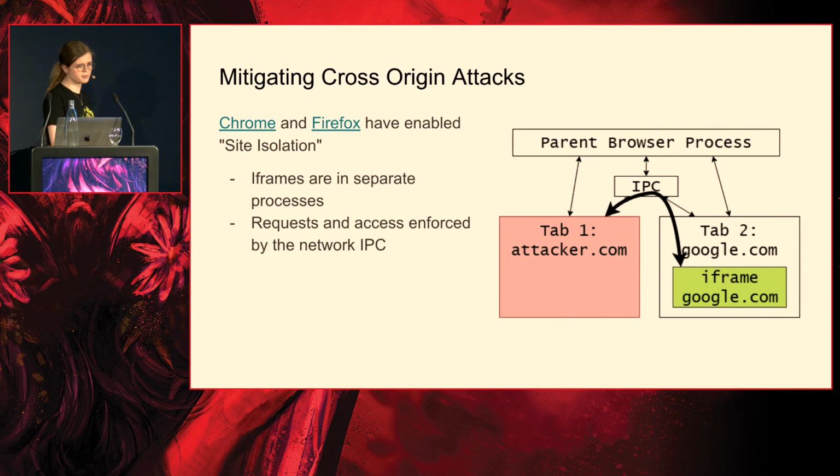So both Chrome and I believe Firefox, in one of the most recent major updates, or maybe it's on nightly right now, have implemented a thing called site isolation. And the idea of site isolation is that rather than having our iframe inside of the current process, it's actually going to be in a separate process reserved for that site. So we can no longer directly access that data, and instead we have to go through the IPC. So this solves that problem.